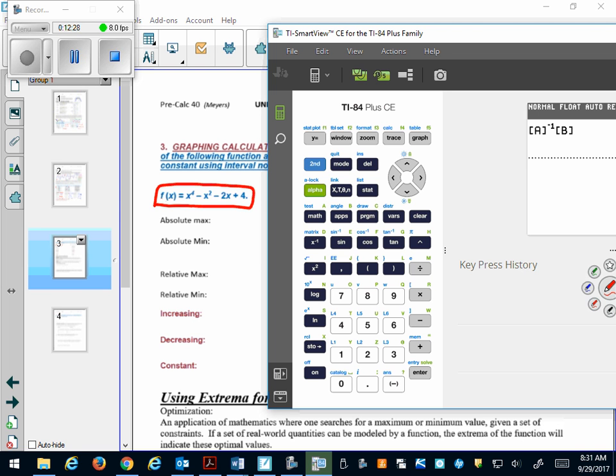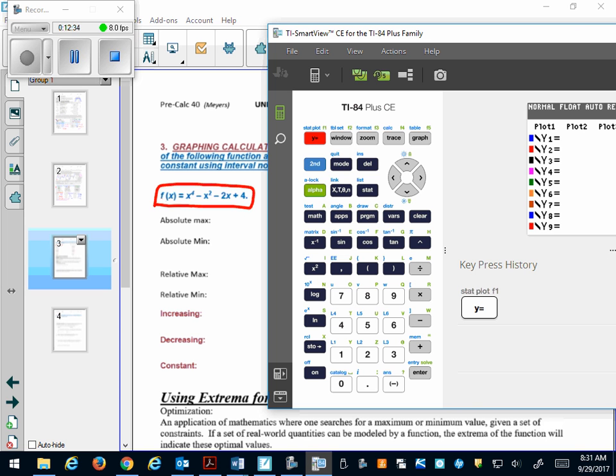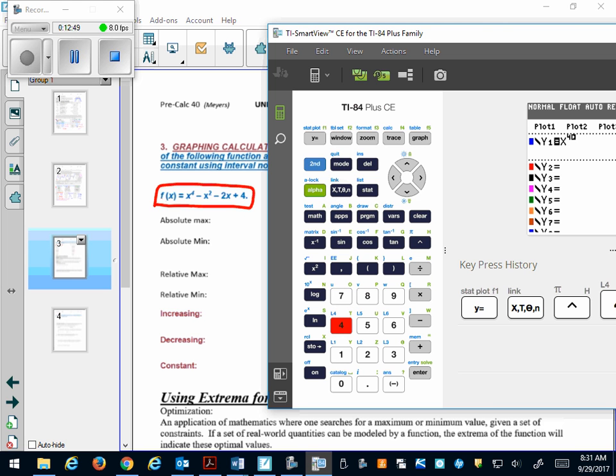And the way you want to do that, if you forgot, you're going to go to y equals. And then you're just entering exactly what you see. This is your x button right here. And then to the little caret, 4th.